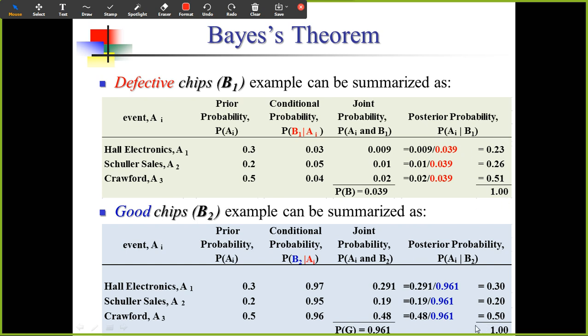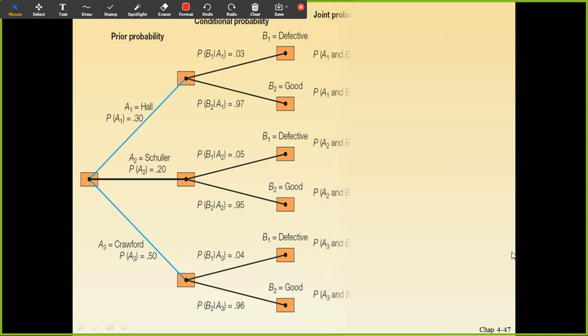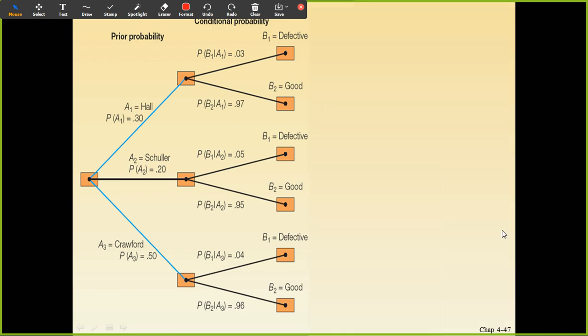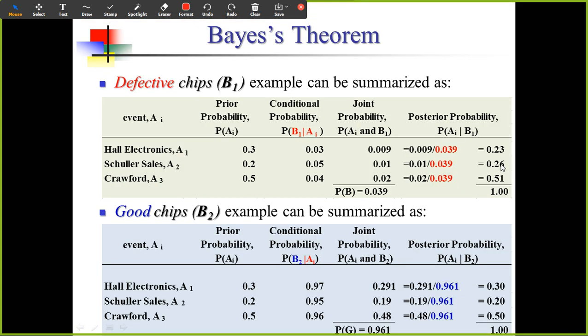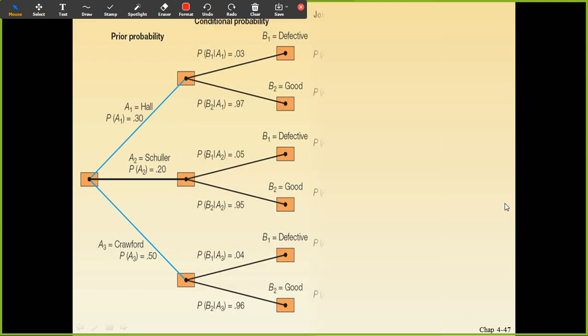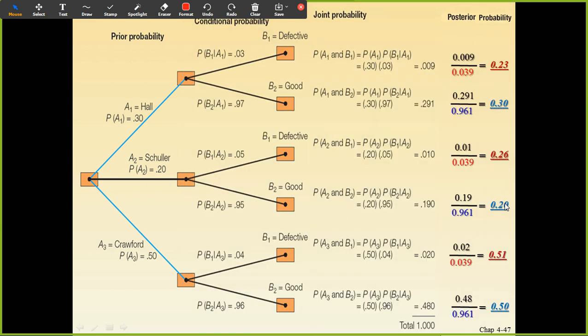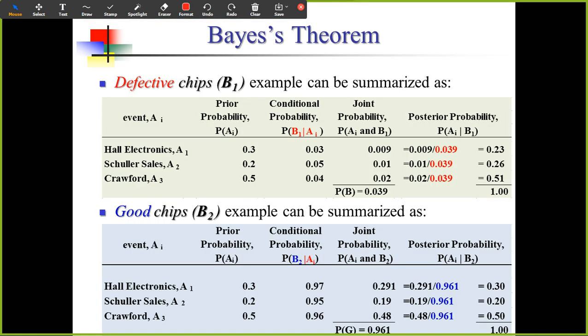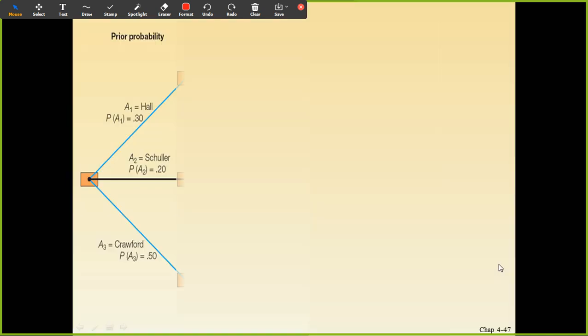You can compare this table data to this one. 23%, 26%, 51%. This is not working. How about working? 30%, 20%, 50%.